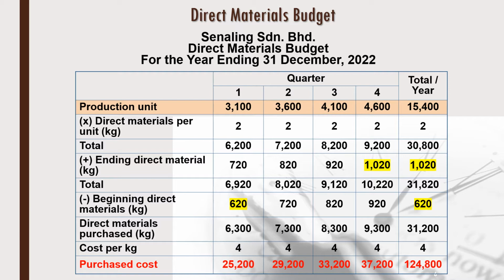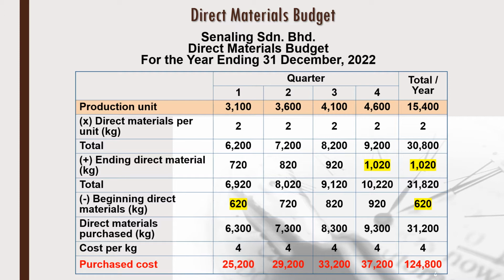And then plus ending direct materials in kg, that is 1,020, equals 31,820. For the ending direct materials, you must take from quarter 4 because quarter 4 is at the end of the year.